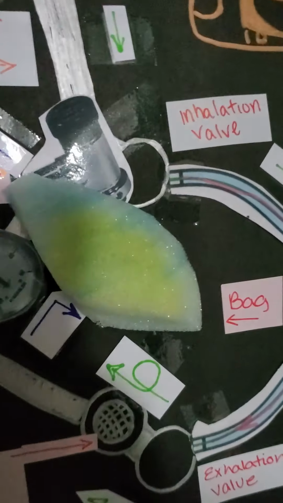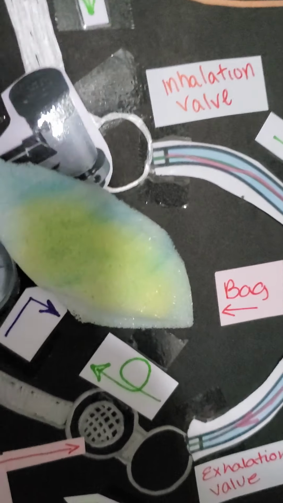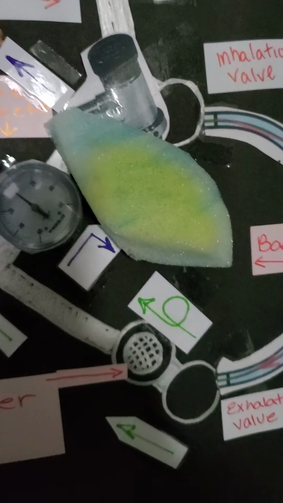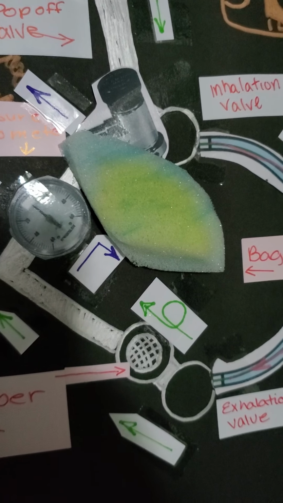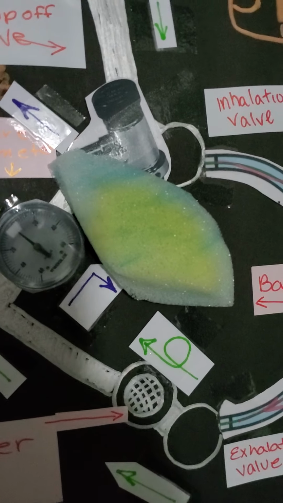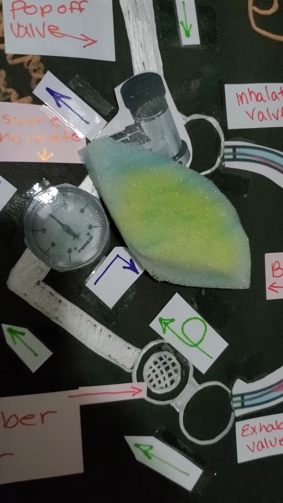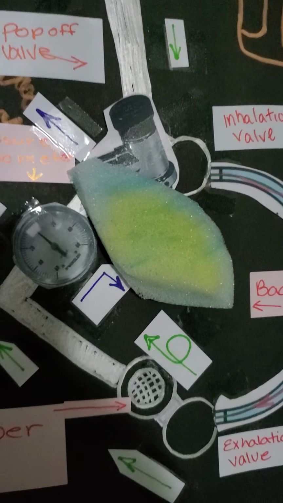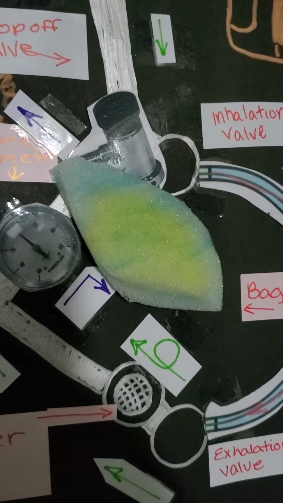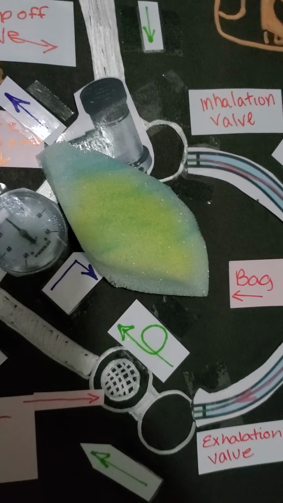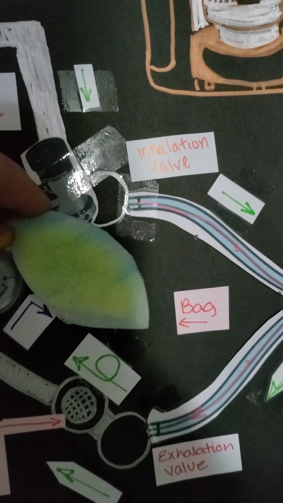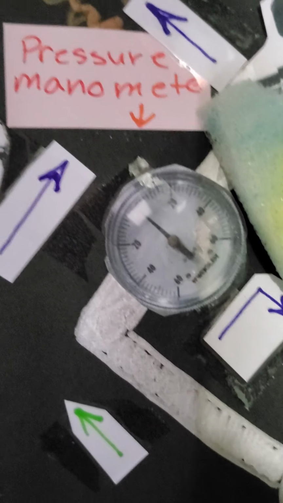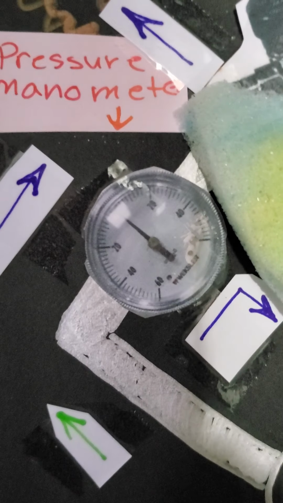This is our little rebreathing bag. Same with the rebreathing bag. If we want to give a fresh breath to our patient, we need to close off the pop-off valve, and then we squeeze the bag, and we make sure that this never goes past 20 centimeters of water.